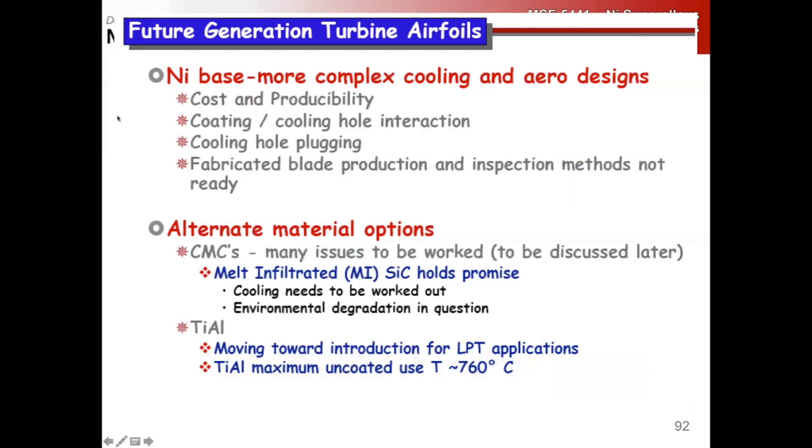So I think, honestly, this is probably where we're going to go for blades next. Titanium aluminide: there was a huge amount of work done in this like 10 years ago, and it's gone nowhere. Right? Absolutely nowhere. So I don't expect much to happen there.